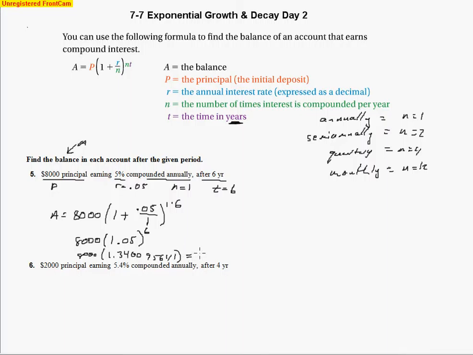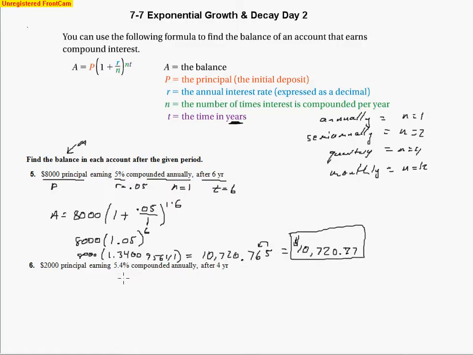So our answer in this case is going to be 10,720.77. I got 765, so I'm going to round that up to 77 cents. So $10,720.77. That's the balance after those 6 years.